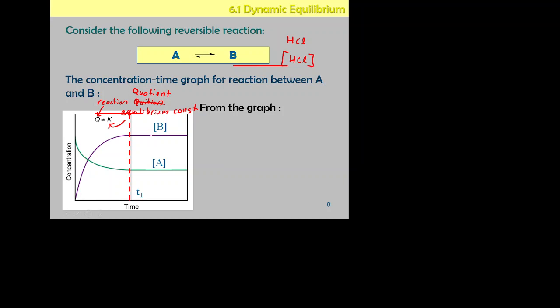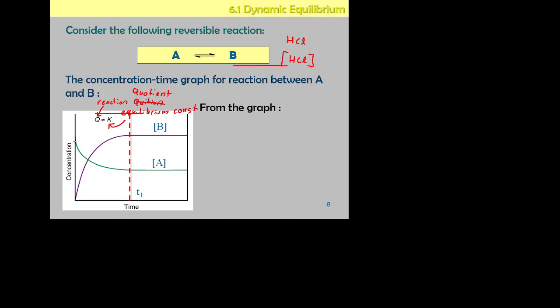So how does the reaction proceed? Ingat tak? The very first time we only have our reactant, kan? A is our reactant. So by the time go, the reactant will start to become less and less. Kenapa? Because the product are being formed.